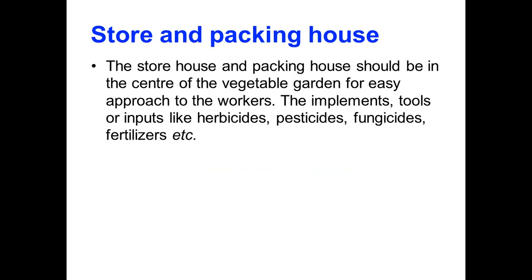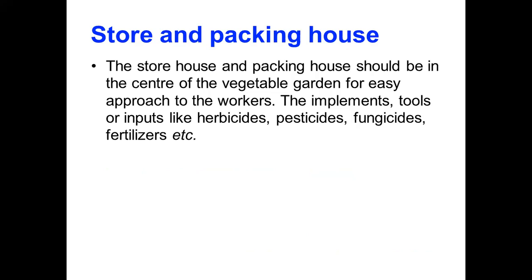There is also need to have a store as well as a packing house. Now, the store and the packing house should be in the center of the vegetable garden. Why? So that it is easily accessed, easily approached.